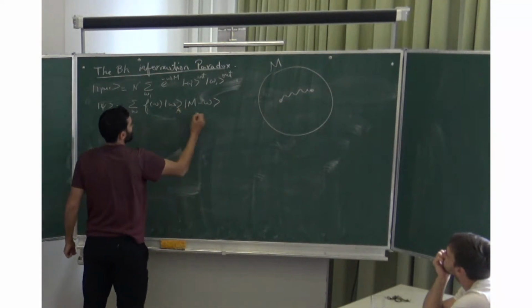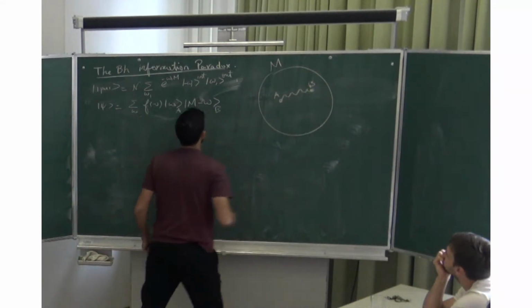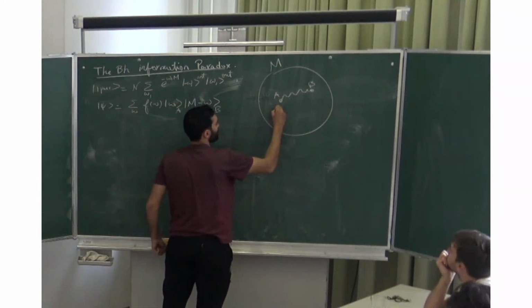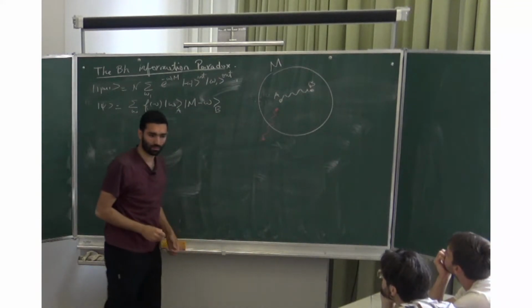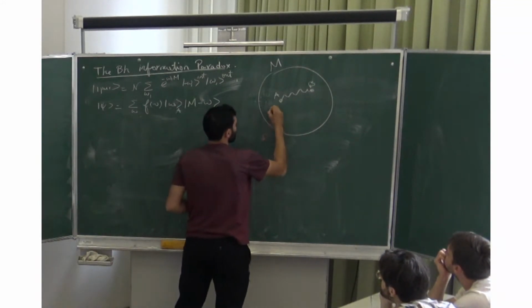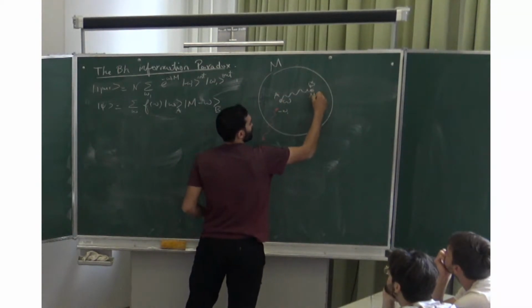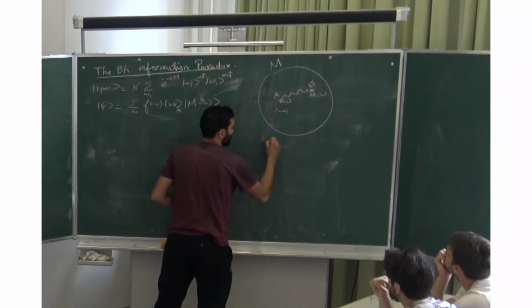We call this particle A and this one B, so A and B. Now we have one pair created, so there will be one guy here and another one here. This is the minus omega 1. This has energy omega, this has energy m minus omega, and this has omega 1.